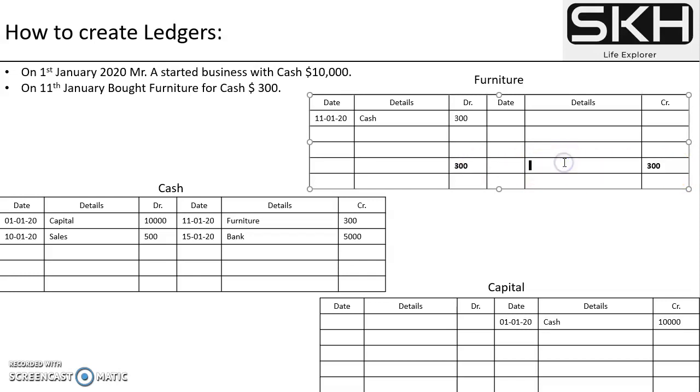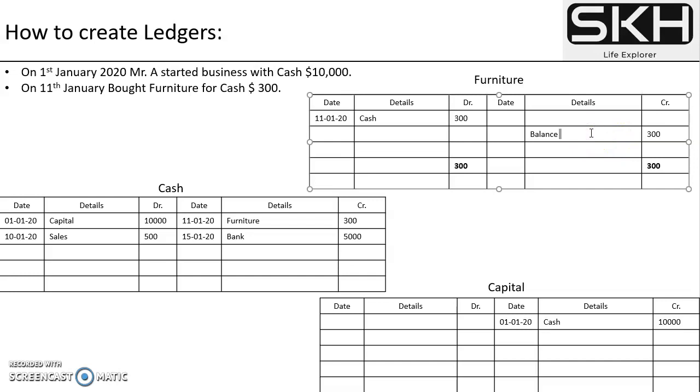Second, you write that amount on both columns. Now you subtract the smaller column from the bigger column. The bigger column is 300 and the smaller column is 0. So 300 minus 0 will be called the balance, and the balance is 300 in this account.